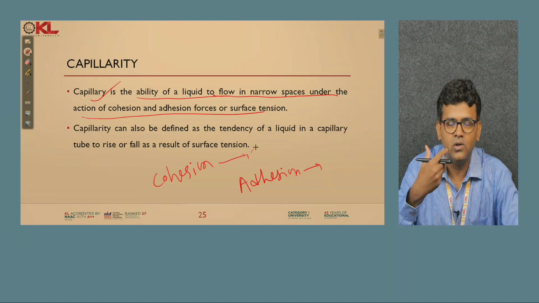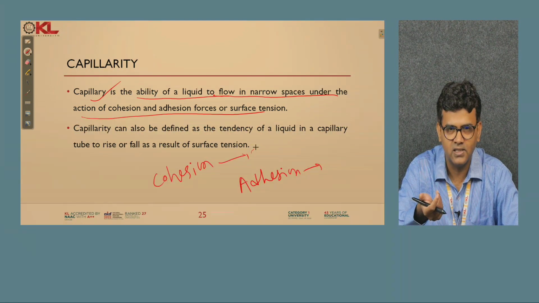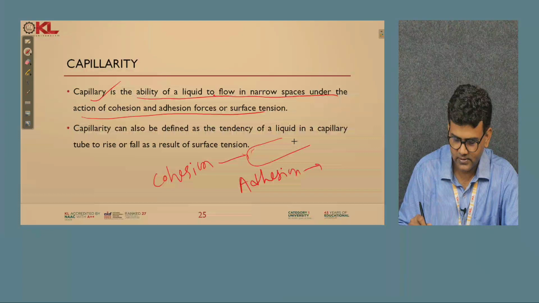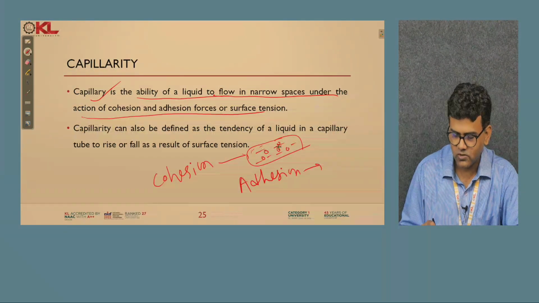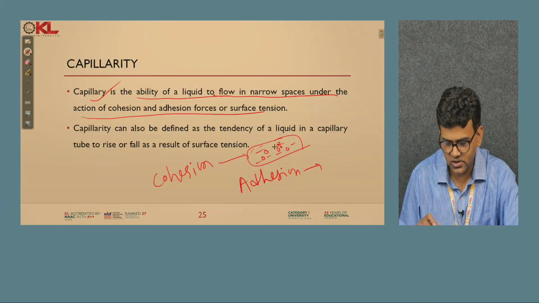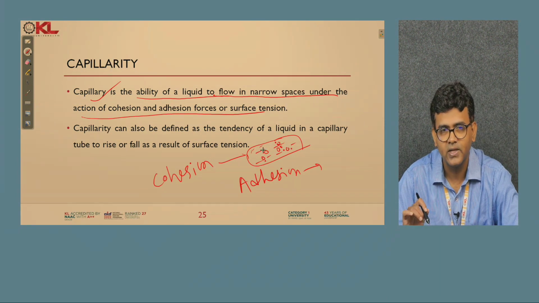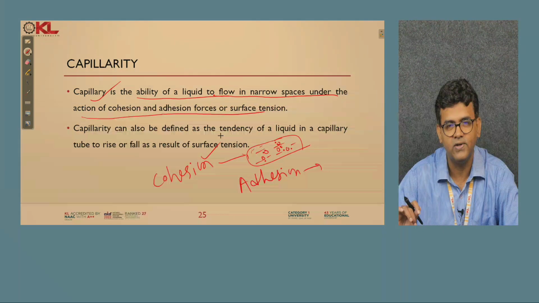That means water molecules are there in water or in a liquid. If the liquid is water, then a number of water molecules will be there. So forces between the same water molecules, or forces between the same molecules, are treated as cohesion.